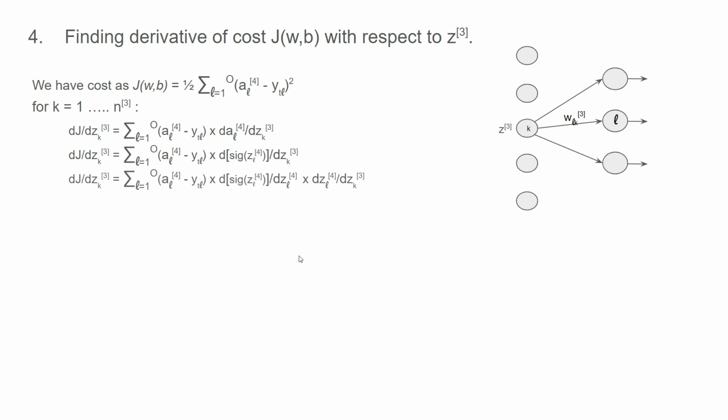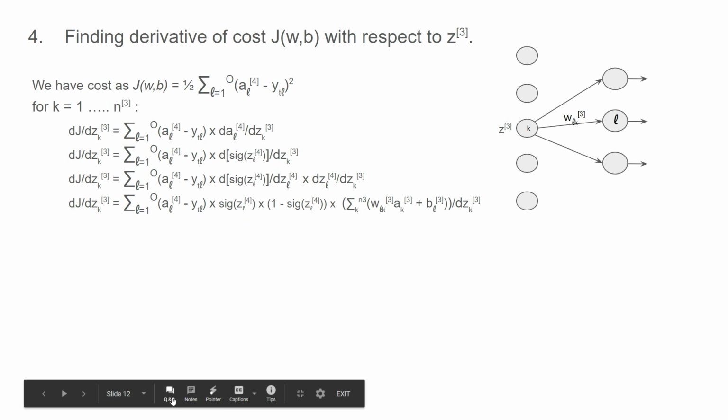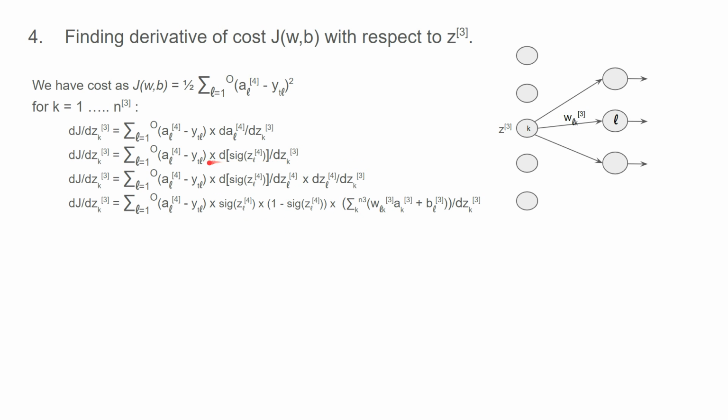In the next step, we applied the chain rule, and in place of dzk we have the differentiation of sigmoid of zl4 with respect to zl4 into the differentiation of zl4 with respect to dzk3. This term is sigmoid of zl4 into 1 minus sigmoid of zl4, since it is the property of the sigmoid function.